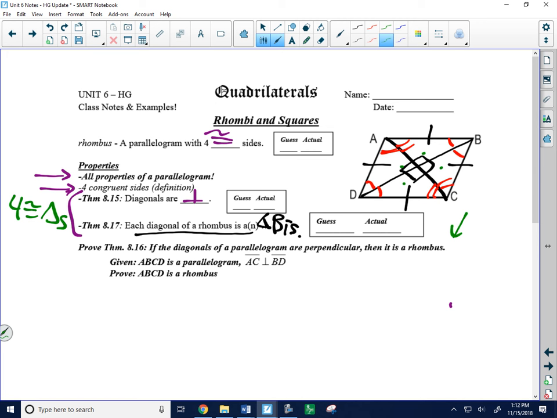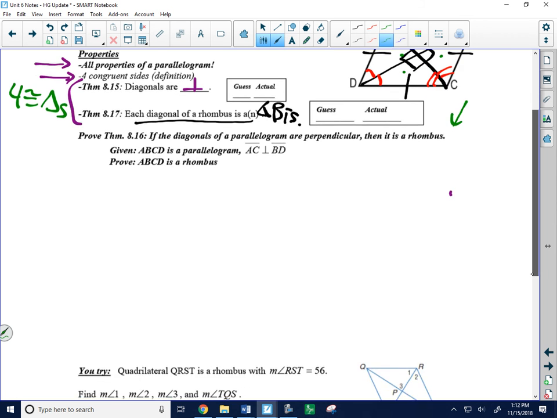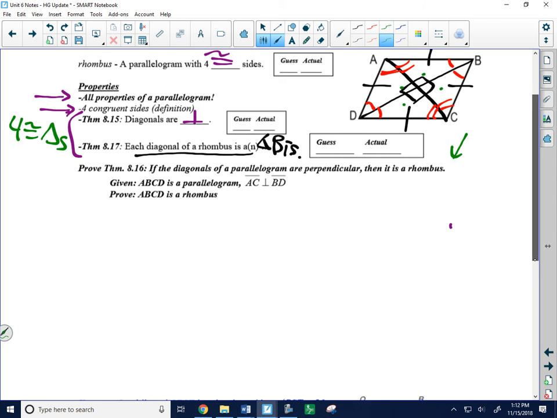And they make four congruent right triangles. So then you can do Pythagorean theorem, special right triangles. I agree. Crazy awesome.